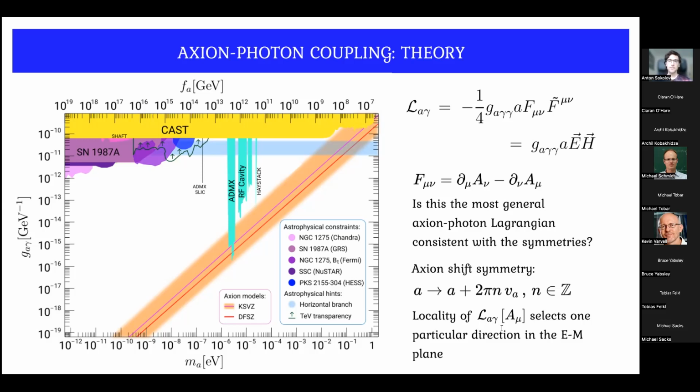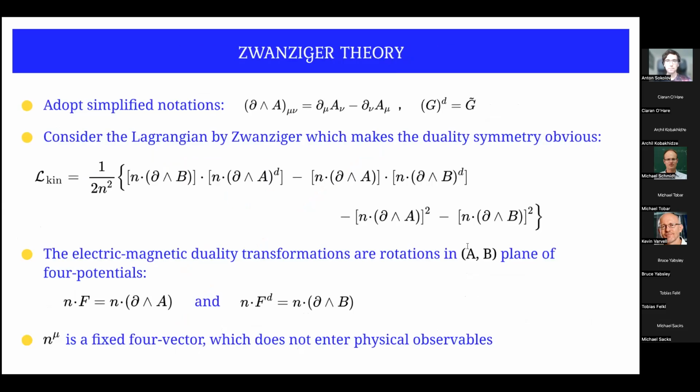One could probably proceed with non-local couplings, but it is more convenient to consider the local theory which will implement this electric-magnetic duality symmetry in a manifest way, where it will be given by some obvious rotation on the potentials. And such a theory exists. It is Zwanziger theory.